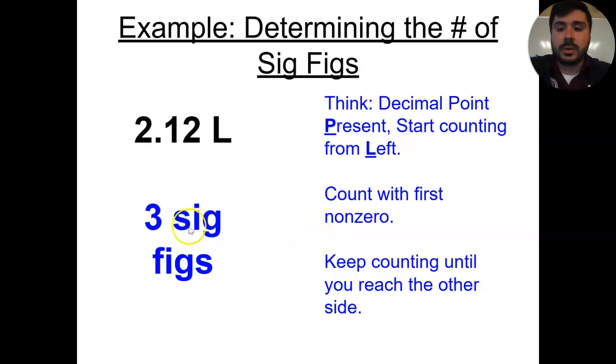So we swap out the words for sig fig, making it a little bit easier. Okay, so 3 sig figs present here, and again, all based on the fact that there was a decimal point present, so we apply the PL side of the PLAR rule to get us the present left. So we start counting from the very first left number here. That's a non-zero number. 2, 1, 2 is 1, 2, 3 significant figures.